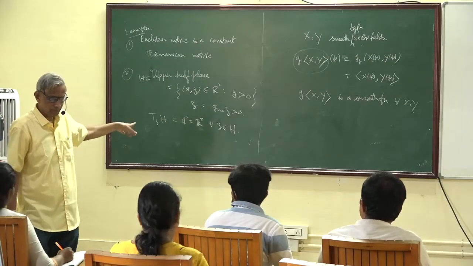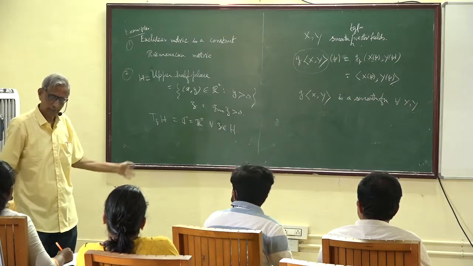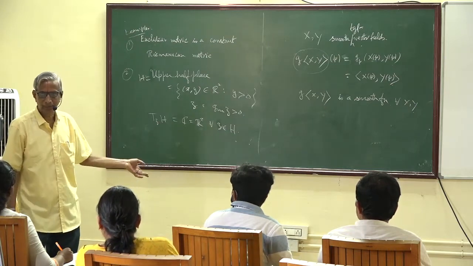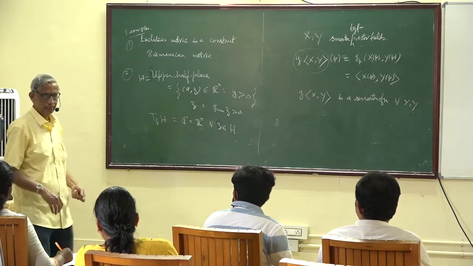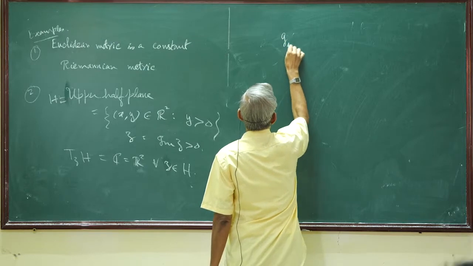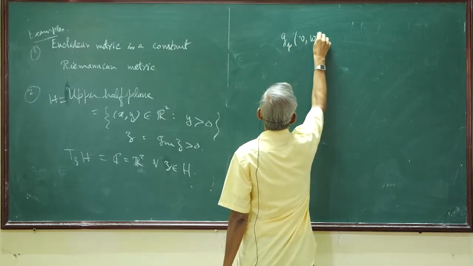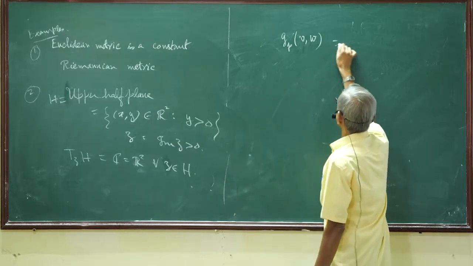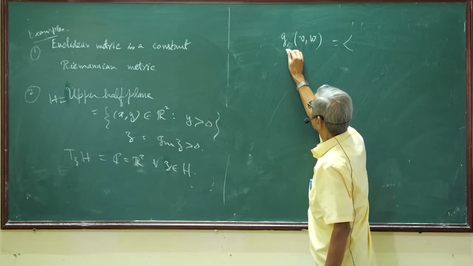Of course, you have the usual Euclidean metric, right? But we are now going to define different metrics at different points, a non-constant metric. So define g, that means g_z, okay, point is z now.